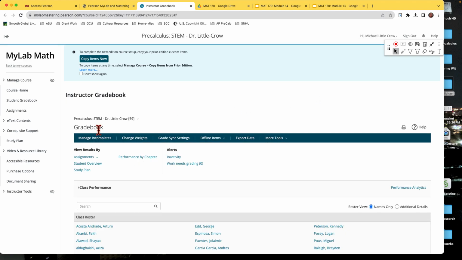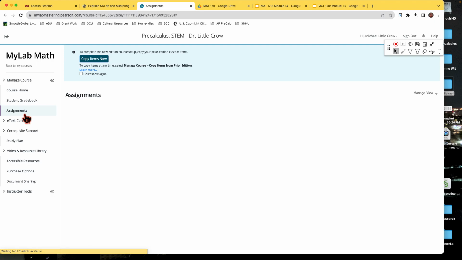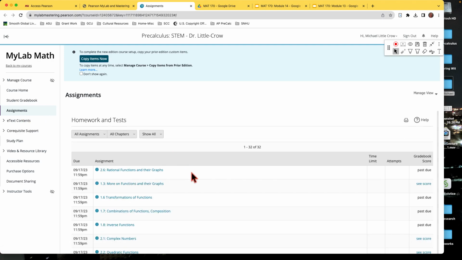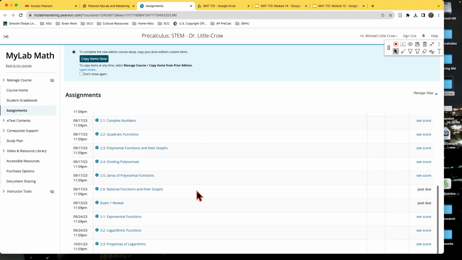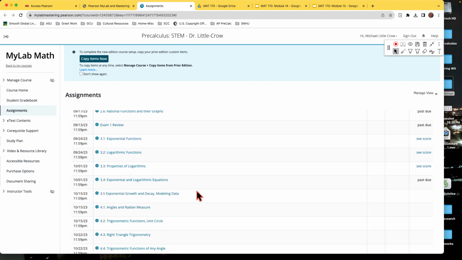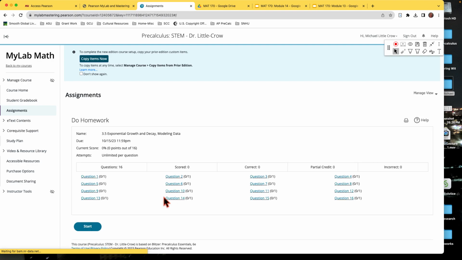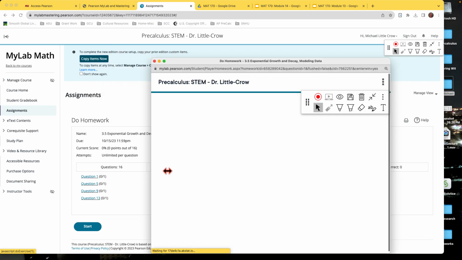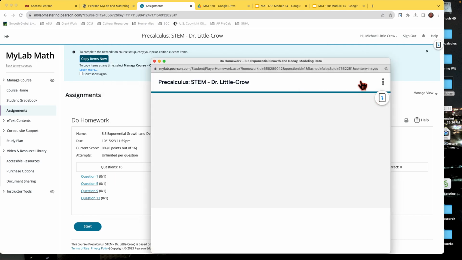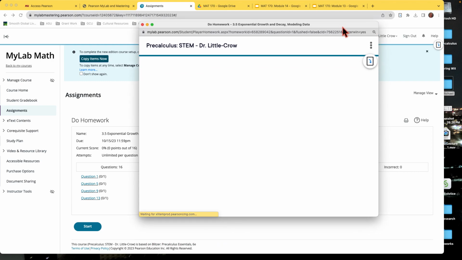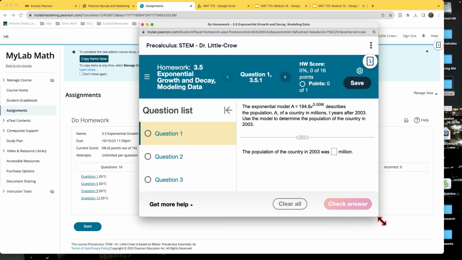Let's see. This is 3.5, correct? Exponential growth and decay modeling. Let me just start from the beginning and kind of go through these, and then we'll take a look at 13.